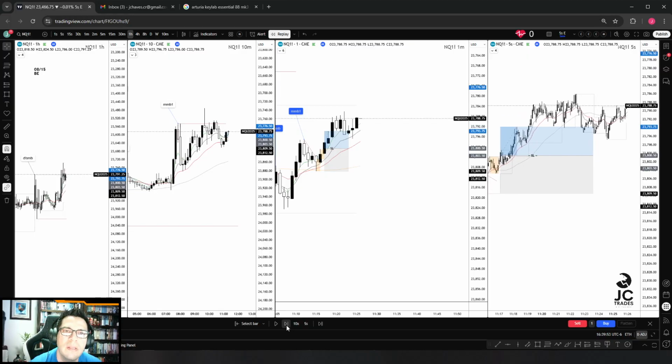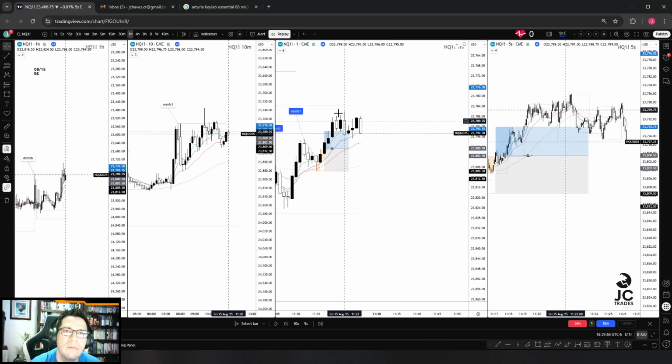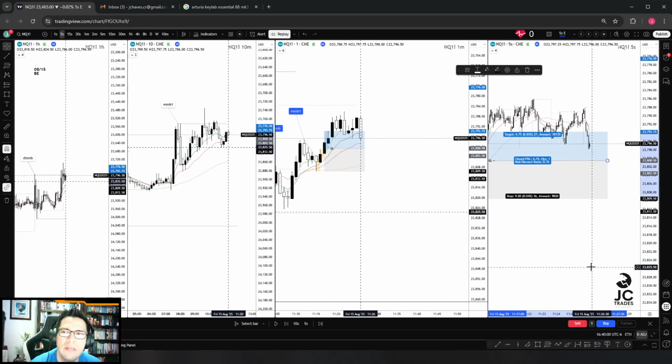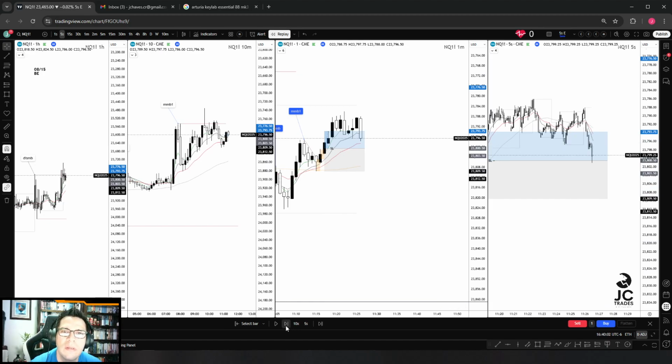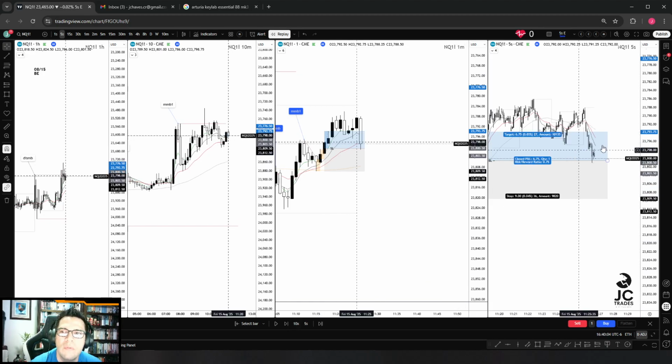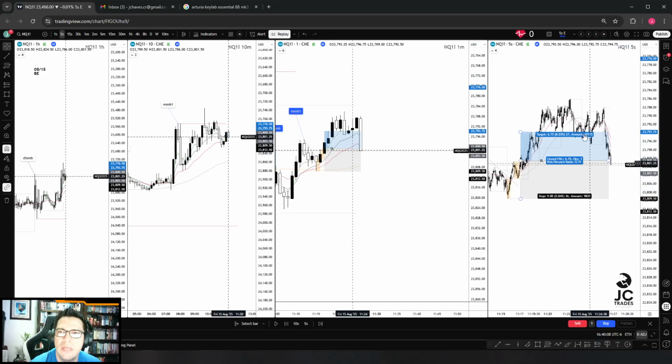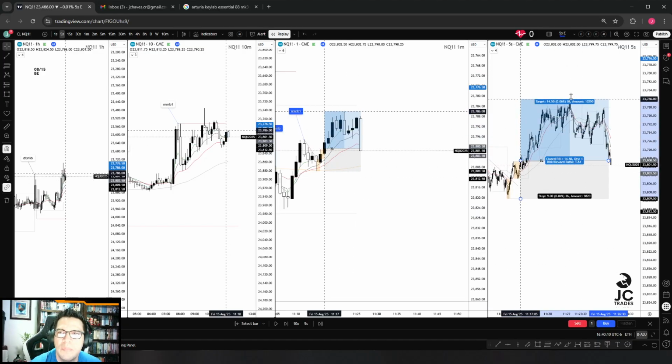And now we're getting a reaction from there. Once again, a flush that is coming near our entry point. And we got tapped out here at break even in a trade that went up to 1.6R and then came back to break even.